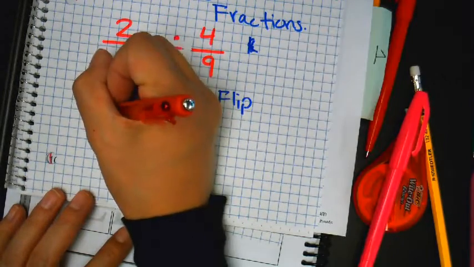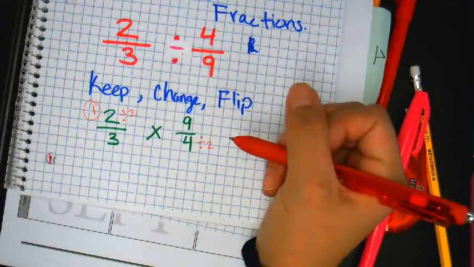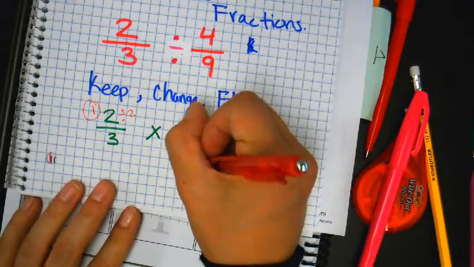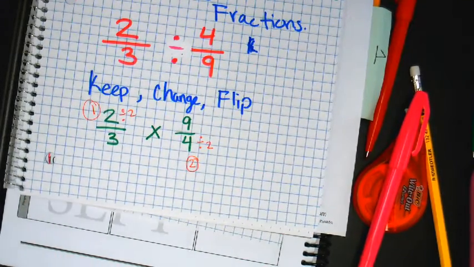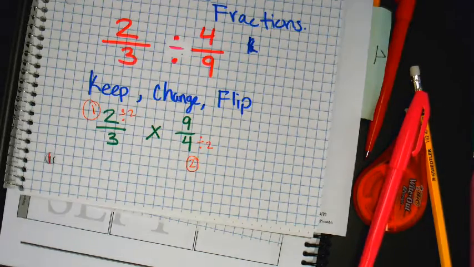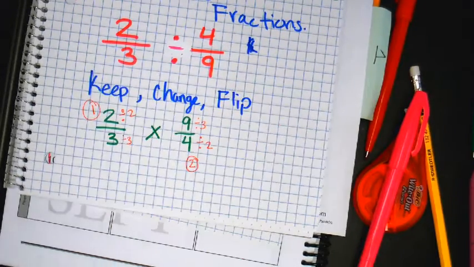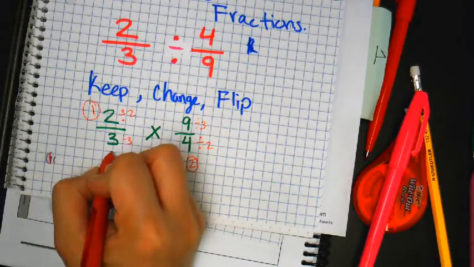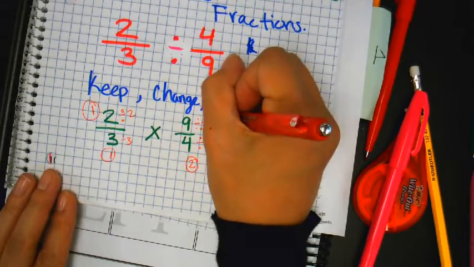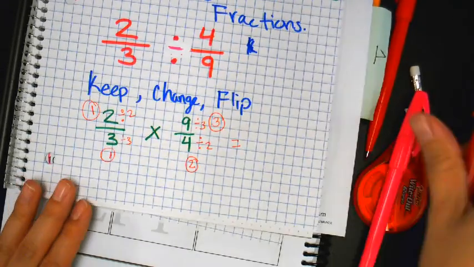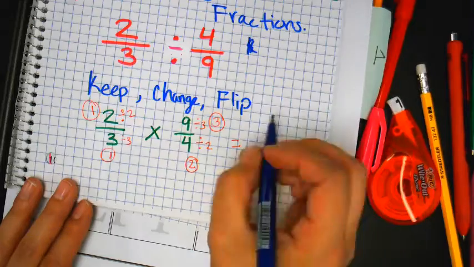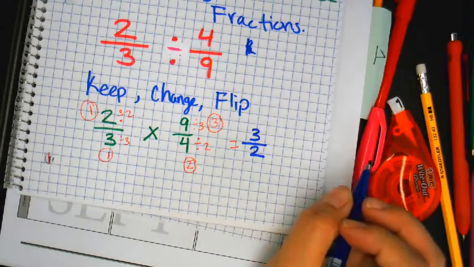So 1, circle it. 4 divided by 2? 2, circle it. Can you simplify the other corner? Yes, by 3. 3 over 2. Yep. This becomes a 1. This becomes a 3. Equals 3.